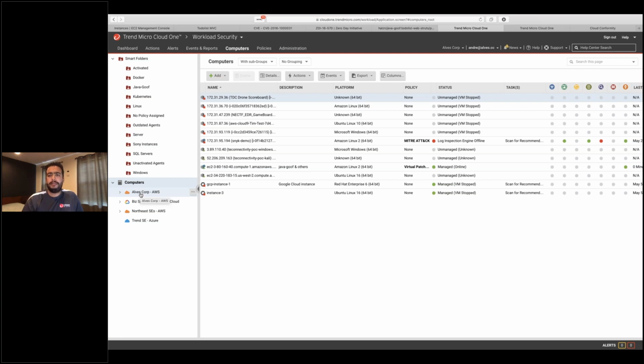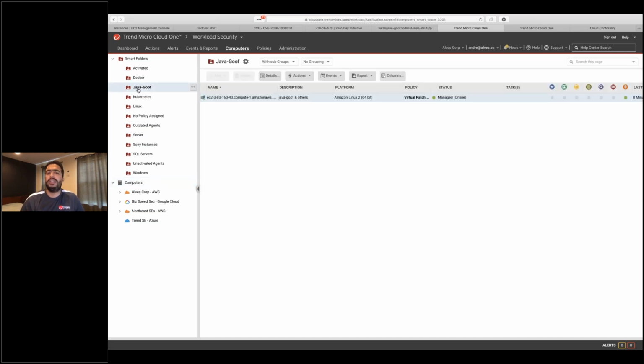I know that my vulnerable application is a Java application, and I have created search facilities here that will group my application infrastructure in ways that are useful for me. I guess the most useful way here is that I have a search criteria for this Java application group. This search criteria basically is looking at AWS tagging metadata, so that I identified that this application group is there by reading tags on AWS.